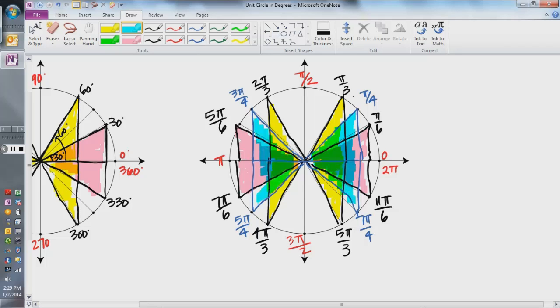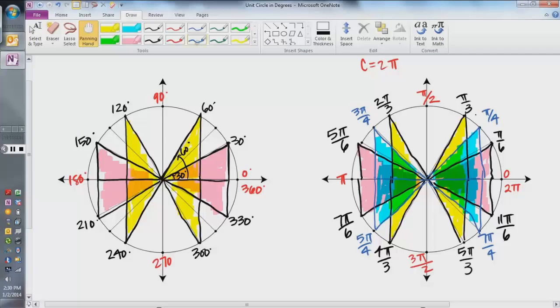And now what I would like you to do is I would like you to be able to do this in under 2 minutes. 45 degrees. So I'm just going to complete this here. 45, 135. Okay.